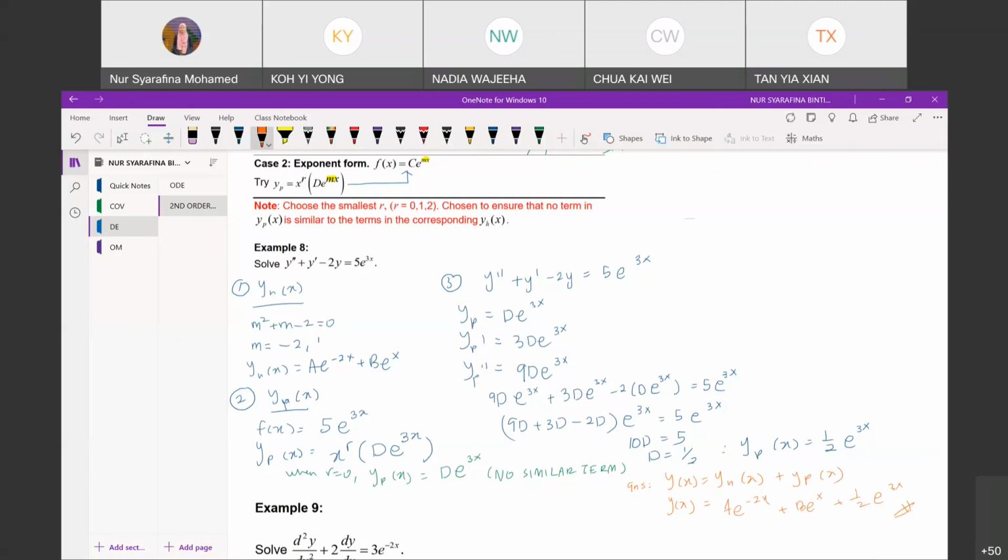So this is case 2, where the function is in terms of an exponent. Same process, but for this case there is no similar term, so it's quite fast to proceed to the next step. Then you can obtain the yp and combine yh and yp to get y(x). Clear, everyone? This is very easy, right? Any questions?